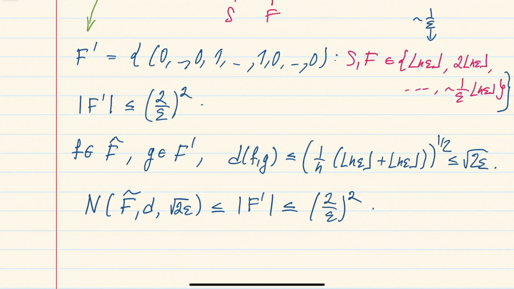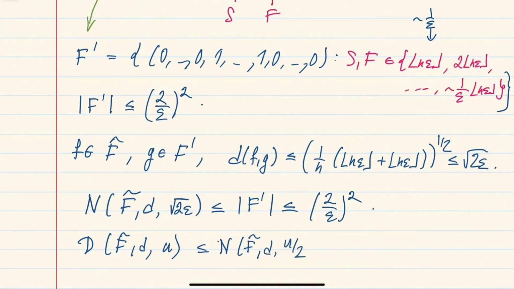Okay, and to finish the proof, we just recall that the packing number at any given u is bounded by the covering number at u over 2, right? And just making the change of variables here, you get some constant over u to the 4th.